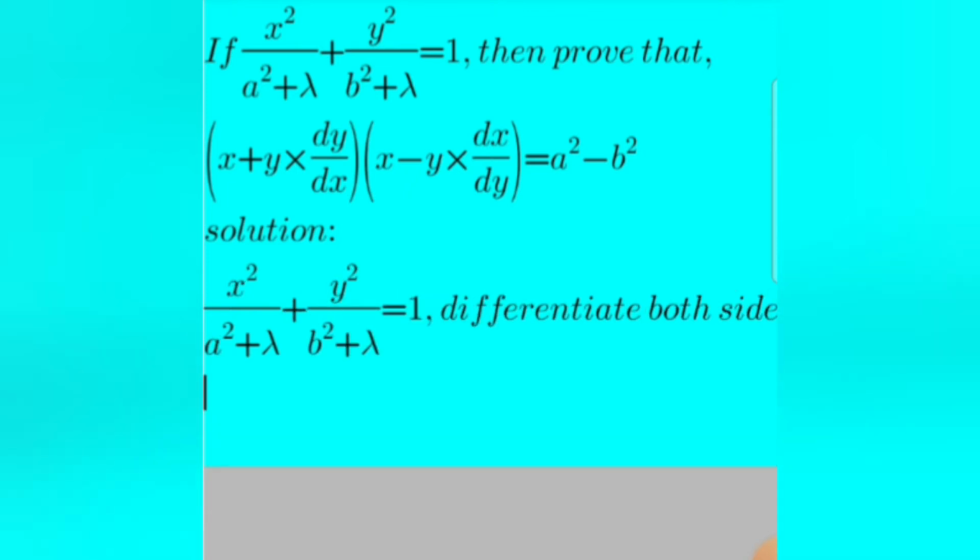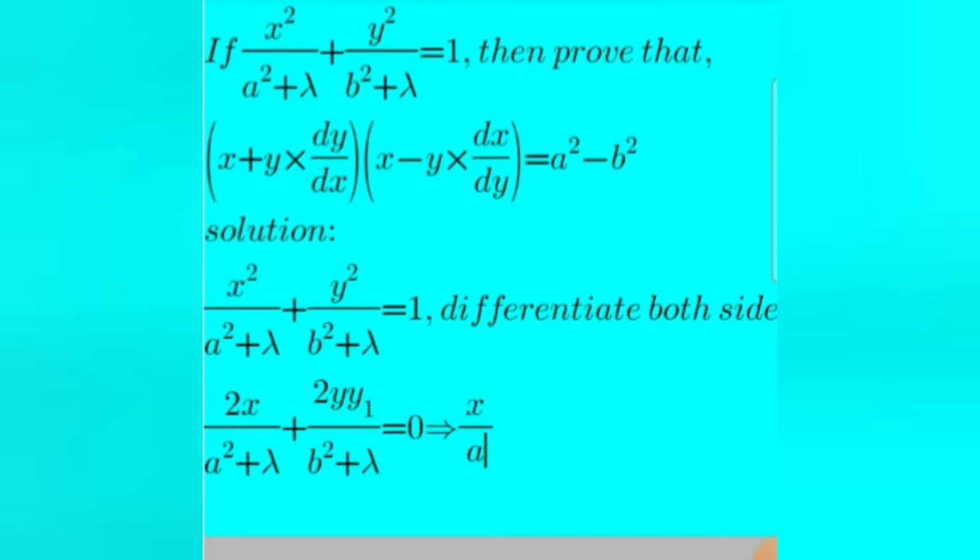Then we get 2x over a squared plus lambda plus 2y y1 over b squared plus lambda equals the derivative of 1, which is 0. This implies x over a squared plus lambda equals minus y1 over b squared plus lambda. Let us assume that is k.